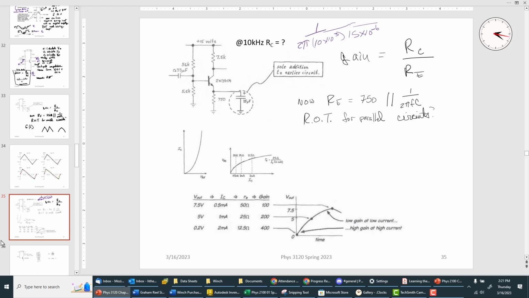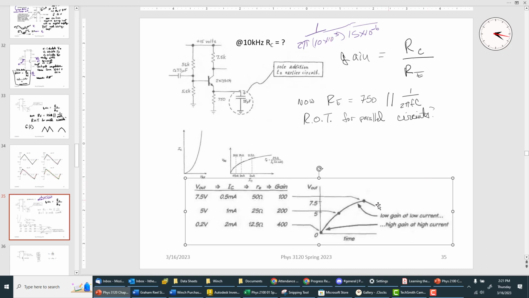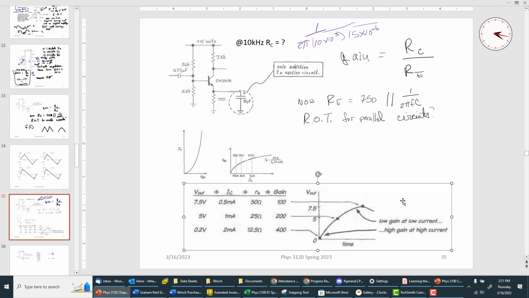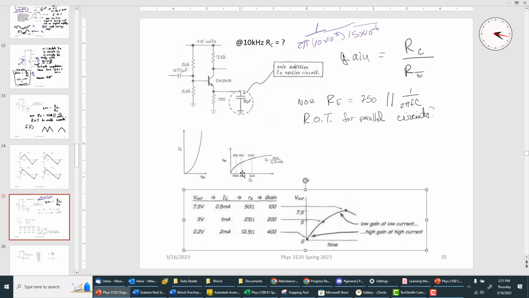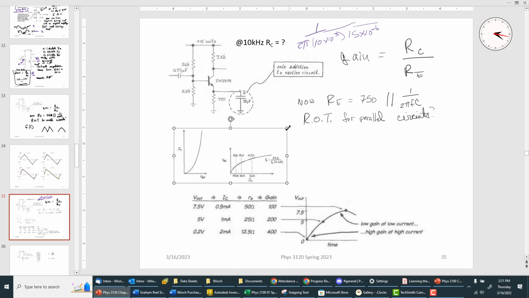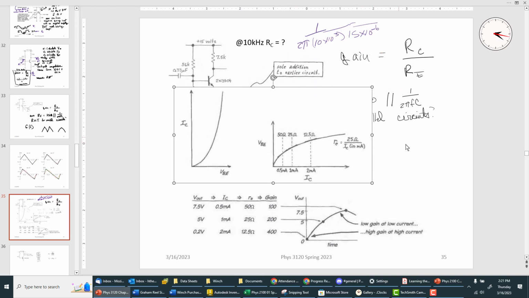And you're going to calculate it, and you see these numbers here of 12 ohms, 25 ohms, and 50 ohms. I'll get back to those in a minute. What they come from is that it's our old friend, the diode turn on.